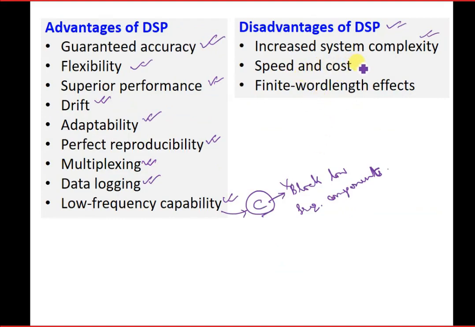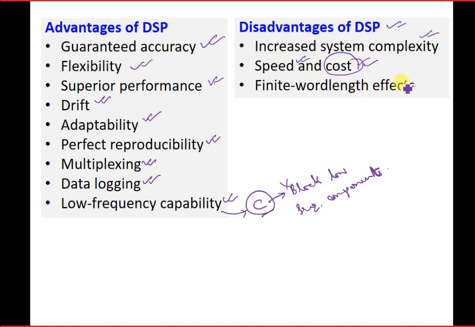Then speed and cost. Cost of designing a DSP would be higher if you want to make a smaller or simpler circuit, and for a smaller circuit, the speed of the analog systems is faster than the DSPs.